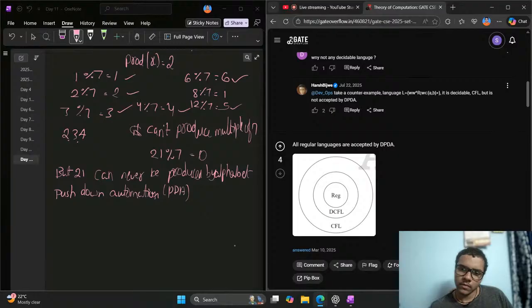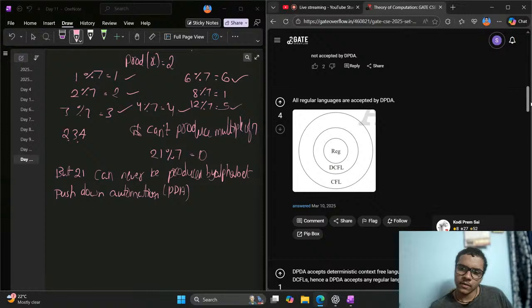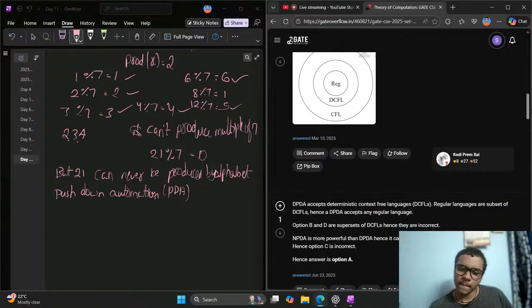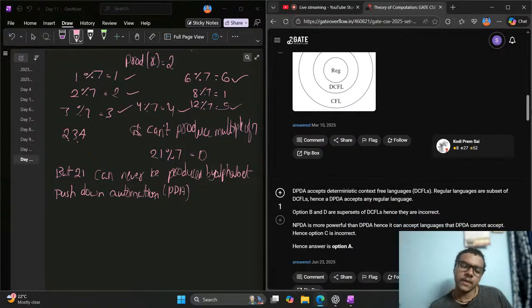All regular languages are accepted by deterministic pushdown automata, which accept deterministic context-free languages.